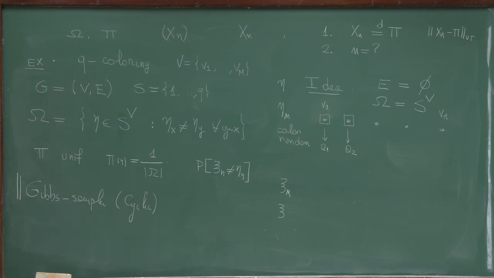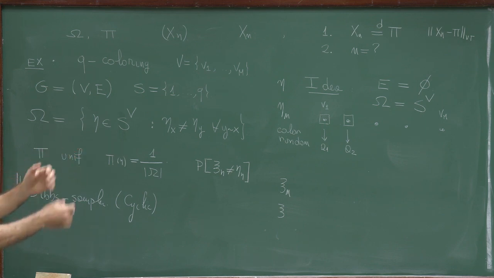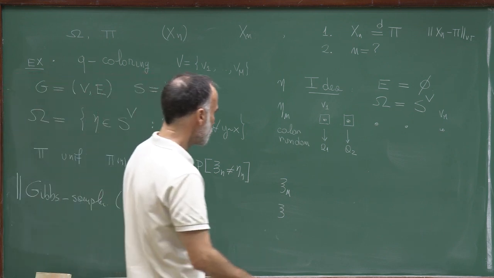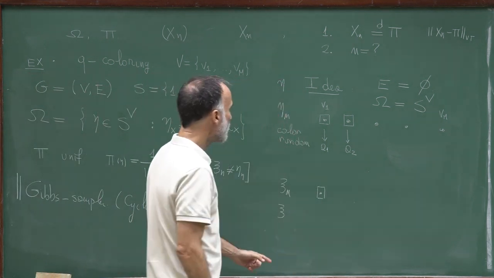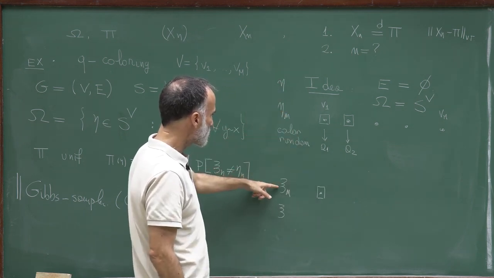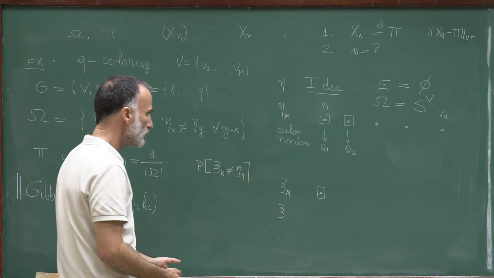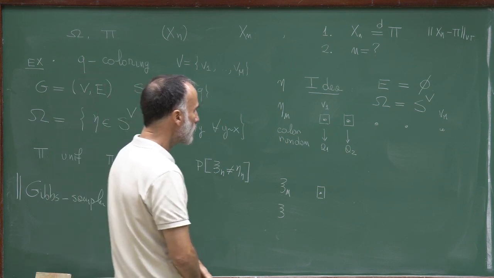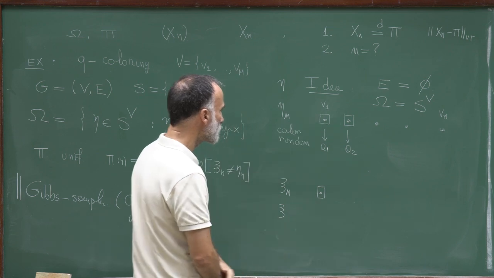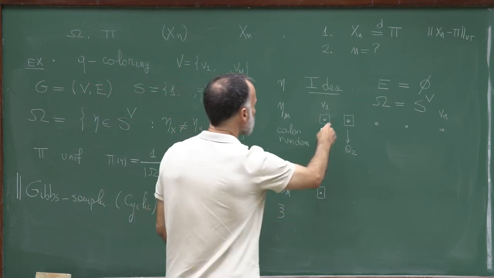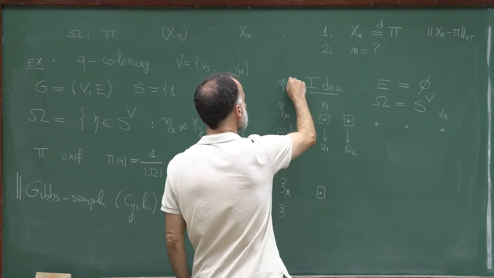So how would you define this coupling in this trivial case? Well, the idea is very simple. I want to update at step 1, since xi n and eta n are my cyclic Gibbs Sampler, I want to update for eta and for xi the color of the first vertex. The color of the first vertex for eta is eta(v1).